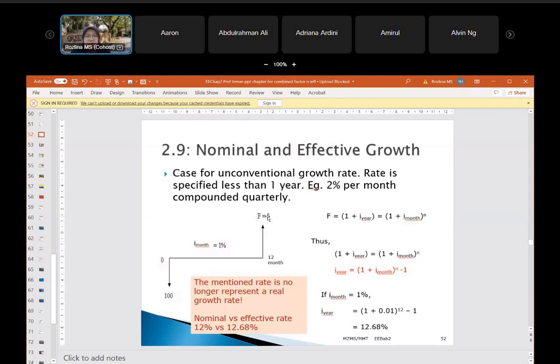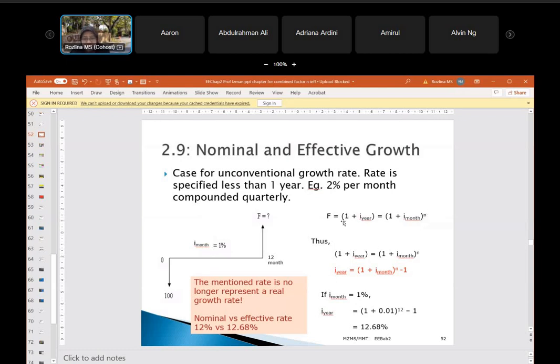Okay, F. This is the formula for 1 year. 1 plus i year equals 1 plus the interest rate, the growth rate in the months, to the power of how many times they have compounding, how many times it is charged for the compounding.